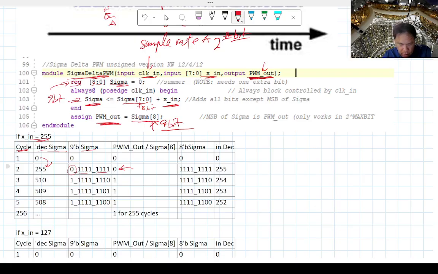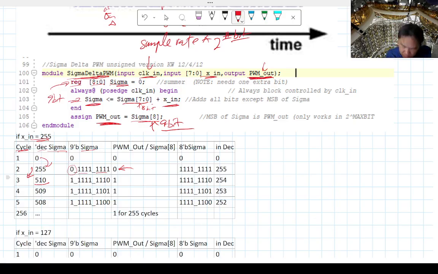Nothing happening there. But the next time it pulses in, the next pulse, I started off at 255, I added another 255 to it, so now the decimal value of my entire 9-bit sigma is 510.